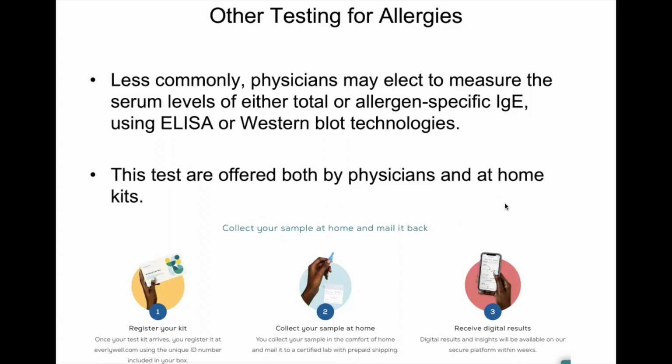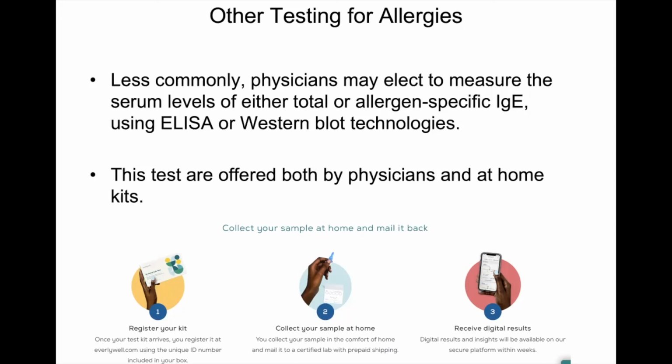But again, for at-home tests, you purchase this at whatever store you choose. Most stores, in your healthcare aisle where you would get different medications, may also have these tests.